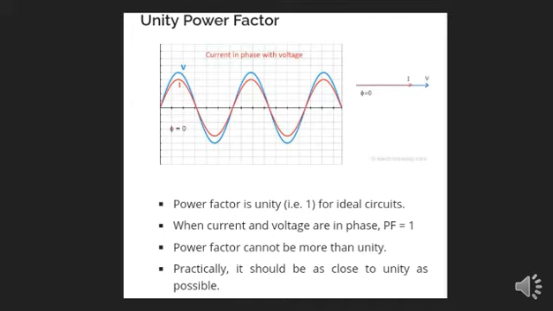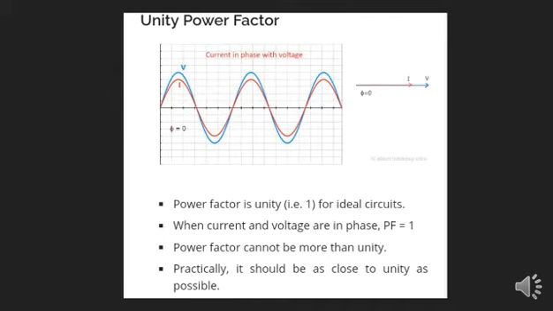Power factor cannot be more than unity. So it cannot be greater than 1. If your power factor is 1, it cannot be greater than 1. Practically, it should be as close to unity as possible.